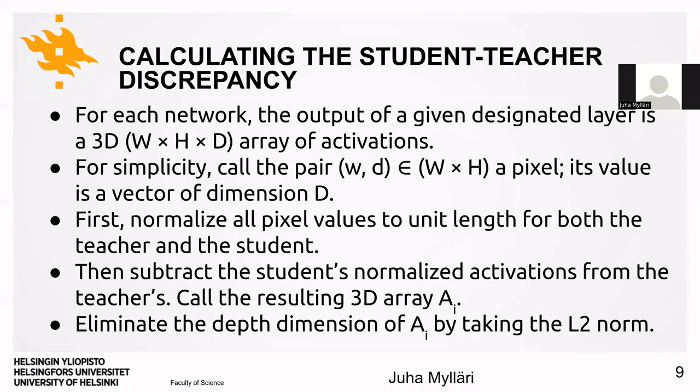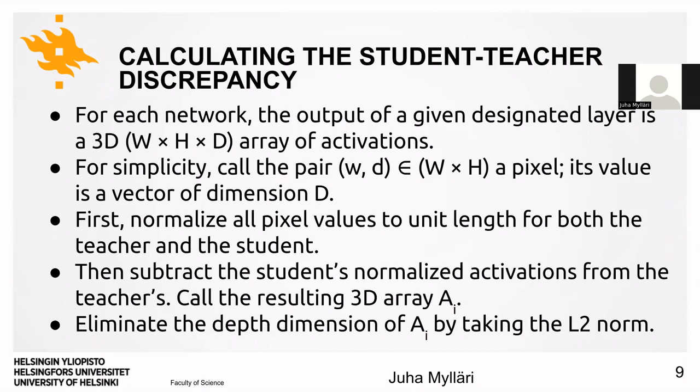So now that we have a trained STM, how do we do inference on this thing? Well, the hint is in the training, really. Recall that for each network, that is student network or teacher network, the output in any designated layer is a 3D array of activations. That is, the array has a width, a height, and a depth.